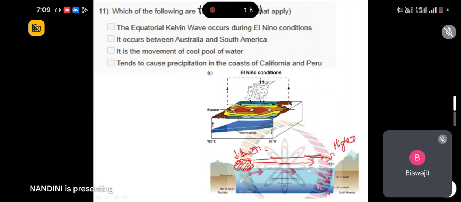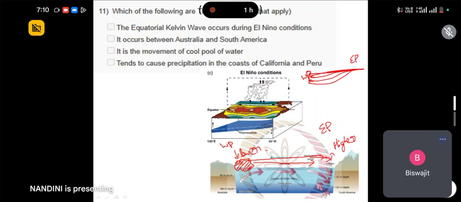Is it true or false? This is East Pacific, this is West Pacific. Generally, the East Pacific is higher and the West Pacific is lower. This is the general condition. During La Nina, water flows from the East Pacific to the West Pacific and accumulates over here.